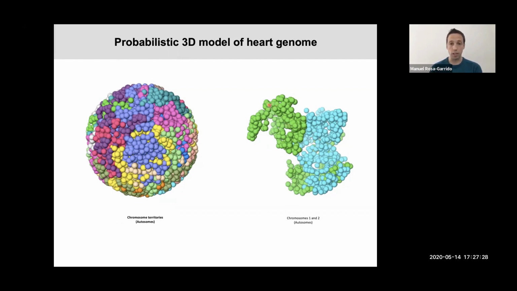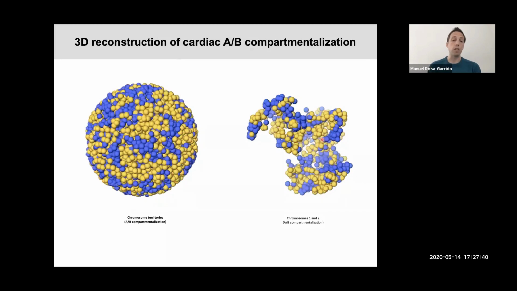Each of these spheres represents one of the TADs that conform chromosome 1, and these ones are the TADs that conform chromosome 2. This model has proved very useful to analyze different chromatin structural features like the AB compartmentalization, for example.